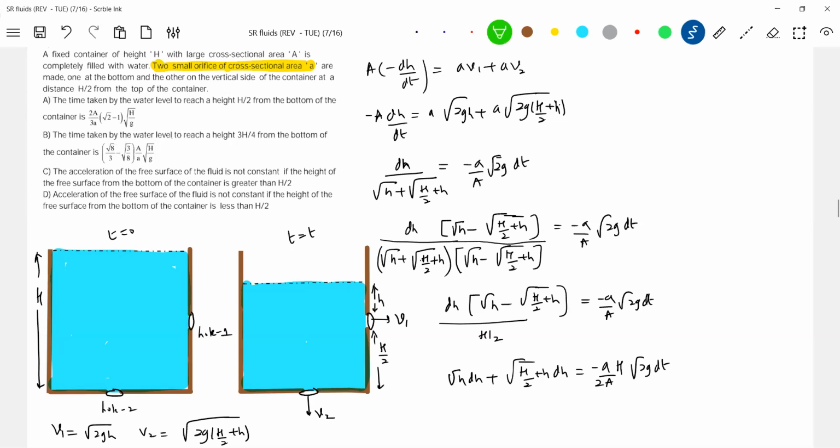Okay, let's put the limits now. What should be the limit? Again, you have to be careful with the limit. If you go wrong with the limit, then everything is gone. Sir, on the right hand side it will be plus, sir.